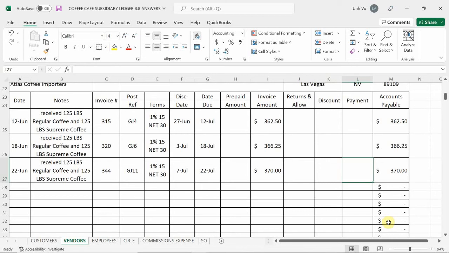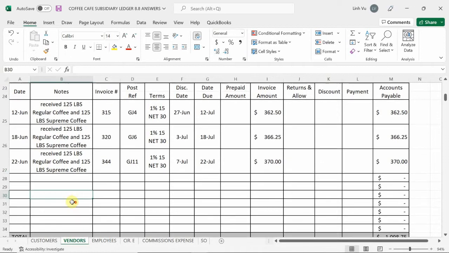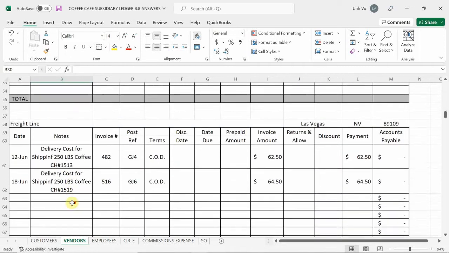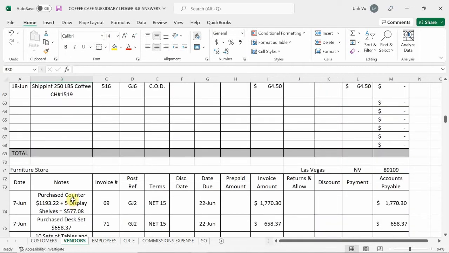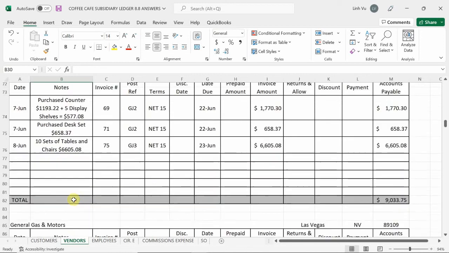So we'll go into our cost, and our inventory. Well, first off, let's do our Freight Line because we paid someone to deliver the coffee, right?